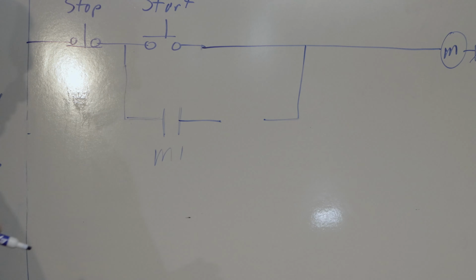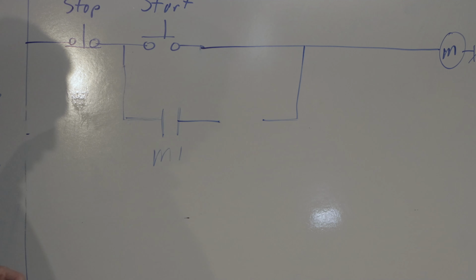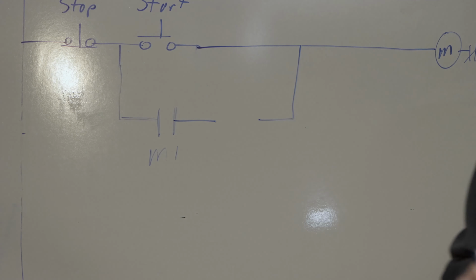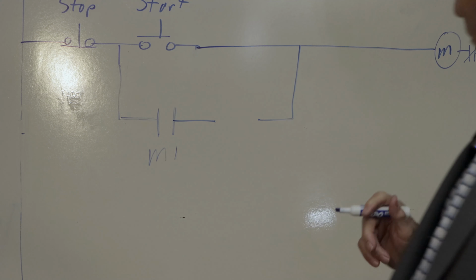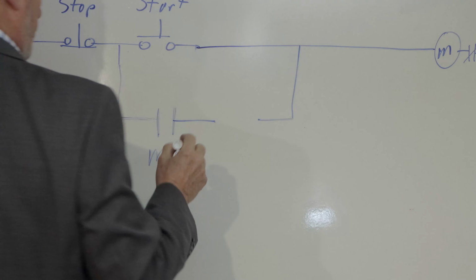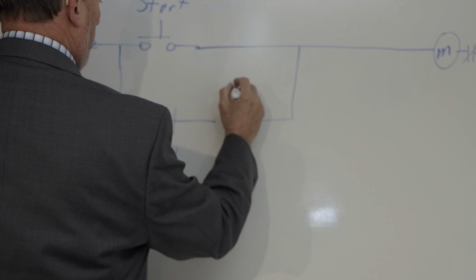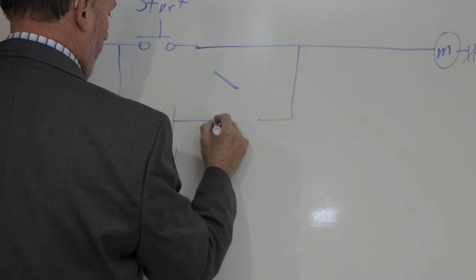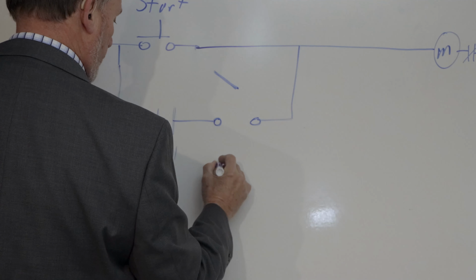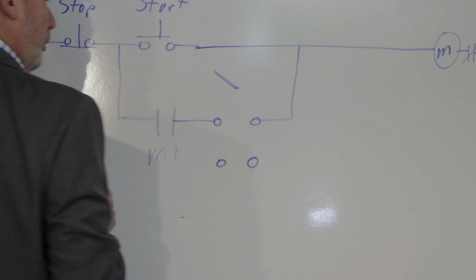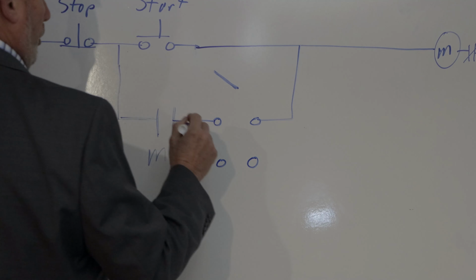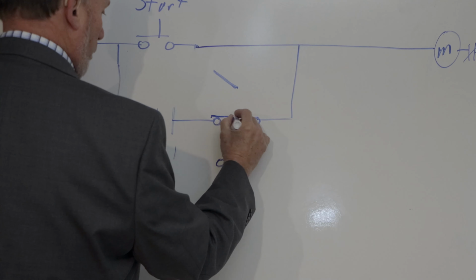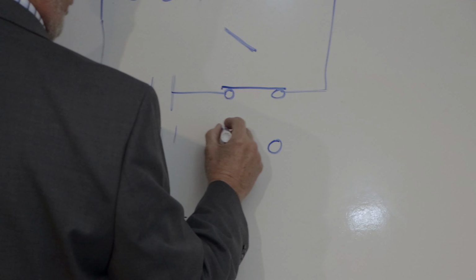And we're going to have a selector switch that says run or jog. When we do a selector switch, we usually show it in one or two positions. This selector switch is going to be in this position, and I'm going to have two sets of contacts. One of them is going to be run, like so, and the other one is going to be jog.